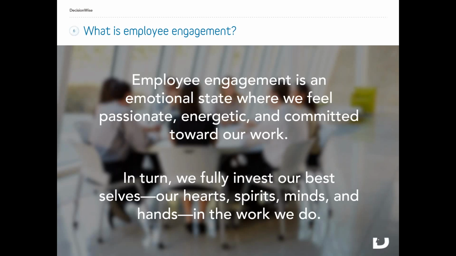So ours is this: employee engagement is an emotional state where you feel passionate, energetic, and committed to your work. And when you feel engaged, then you'll do your best work. You'll actually put forth that discretionary effort and contribute your best self. So it's a two-part definition, really. It's finding yourself in that emotional state of engagement, and that contributing to how you perform at work.